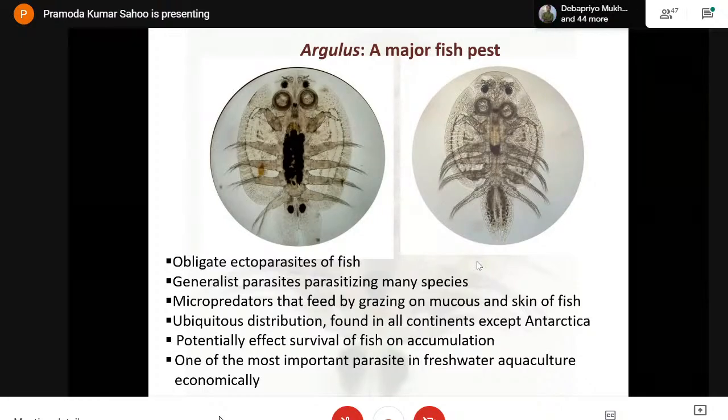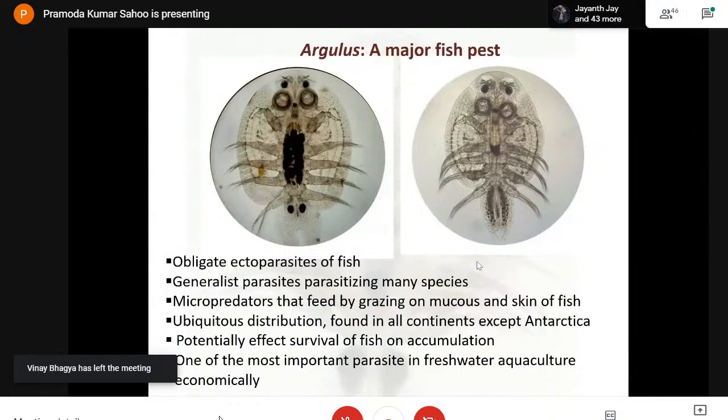It is a generalist parasite and mostly affects many fish species having scales. Most fish species having scales are infected with this parasite. They are all micro predators, so they graze on the mucus on the skin surface. They cause a lot of irritation. They feed on mucus.